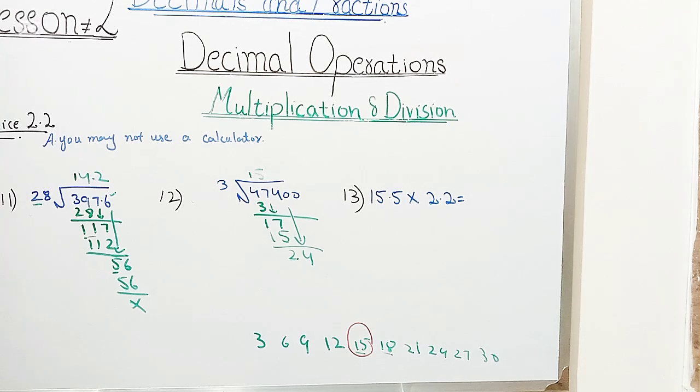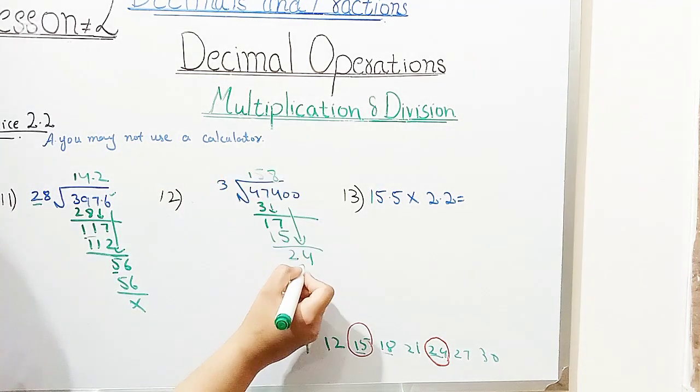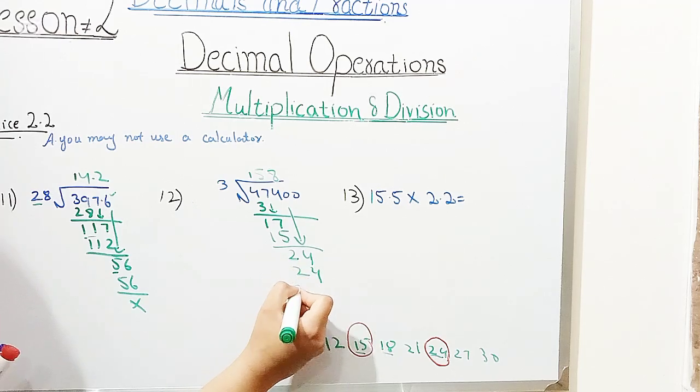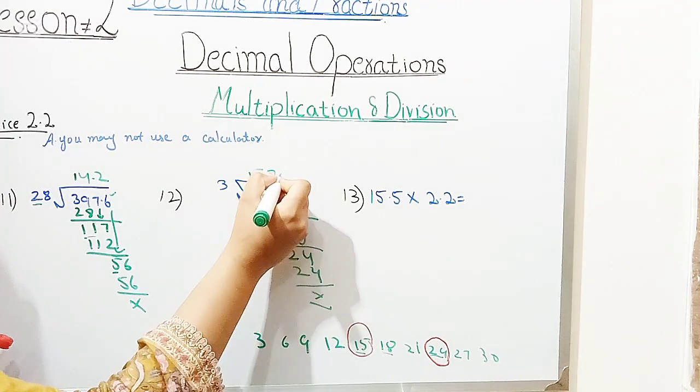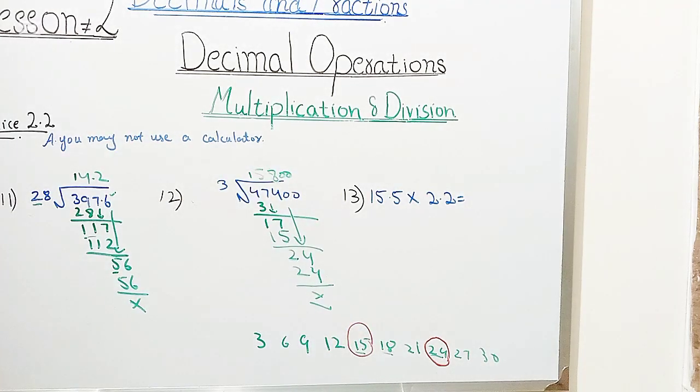Next, we need 24 in the 3 table. 3 8s are 24. You can see 3 8s are 24. Then 0 moves up.